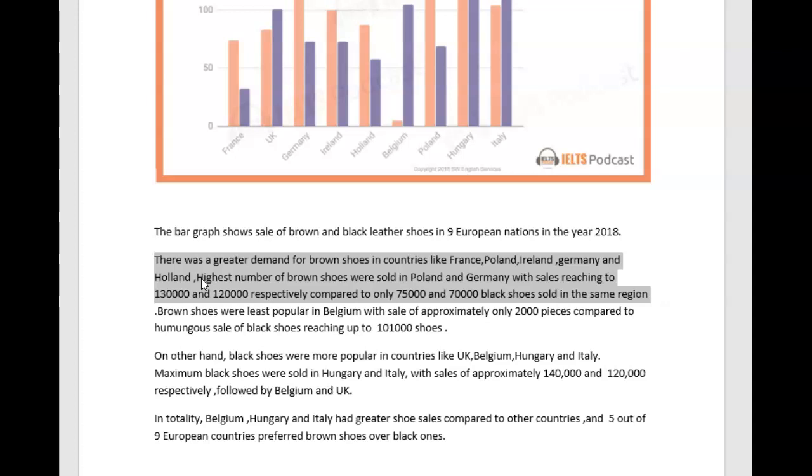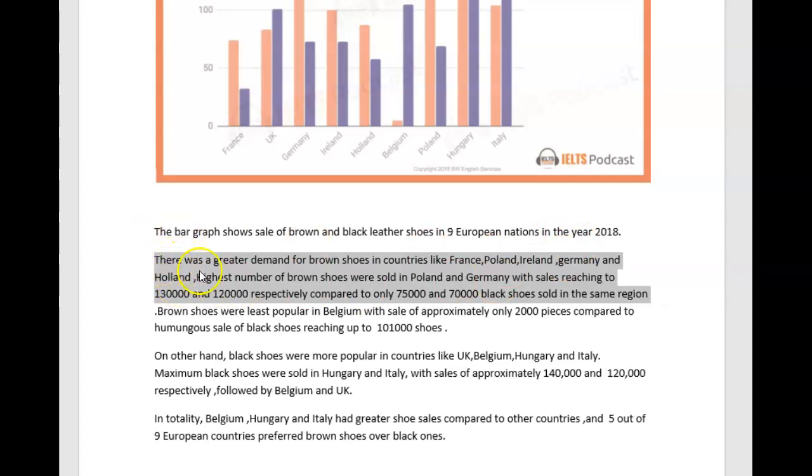There was a greater demand for brown shoes in, you don't even need to say in countries like. So instead you should have just said for brown shoes in France, Poland, Ireland, Germany, and Holland. Don't forget to capitalize Germany. Full stop.